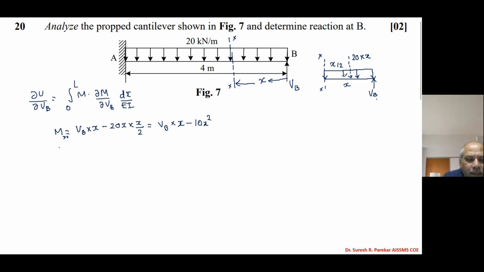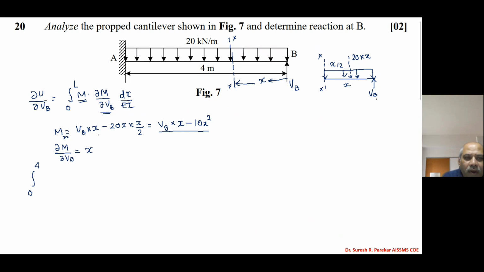Then we will find ∂M/∂VB because now we know M. We have to find the second quantity, ∂M/∂VB. We get this value from VB into x, so this will be x, and as the other term is constant, we have 0. Then we will put it in, so we have integration from 0 to 4.